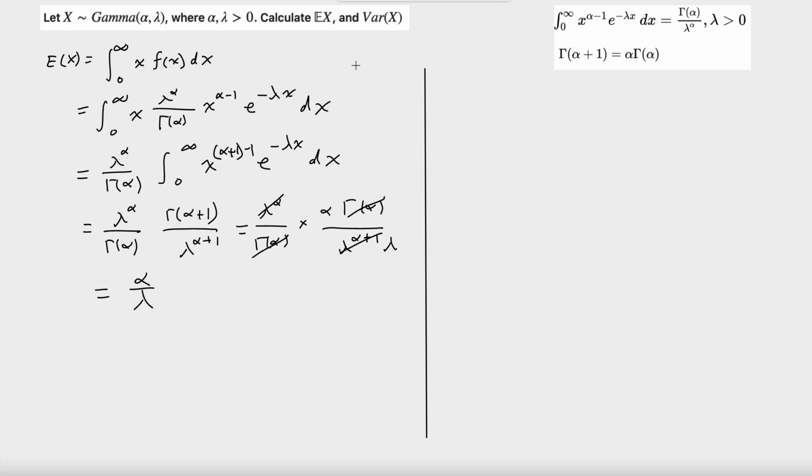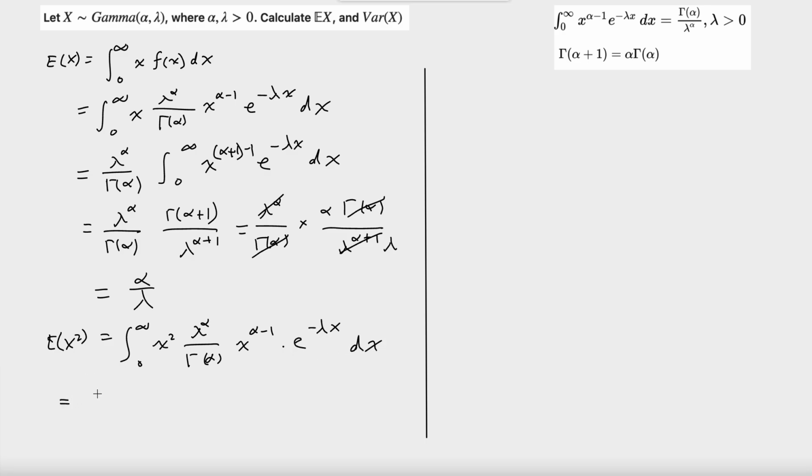Next we want to compute the variance of x. Let's first compute the expected value of x squared, which is equal to the integral from 0 to infinity of x squared times the density function of the gamma distribution, lambda to the alpha divided by gamma alpha, x to the alpha minus 1 times e to the negative lambda x, dx.